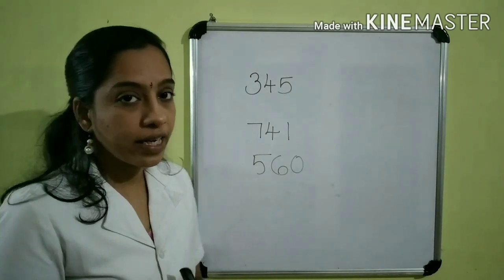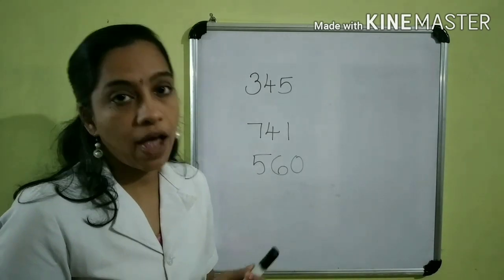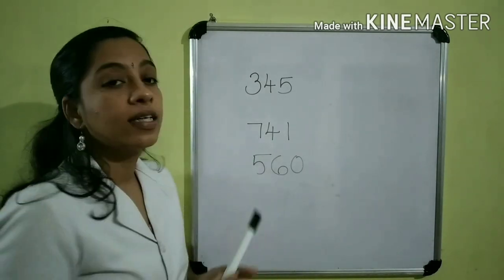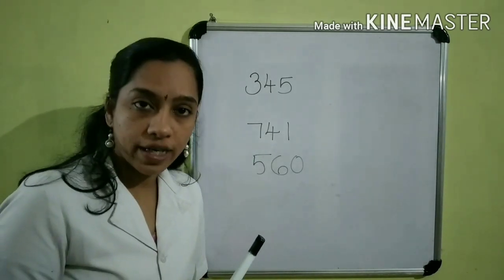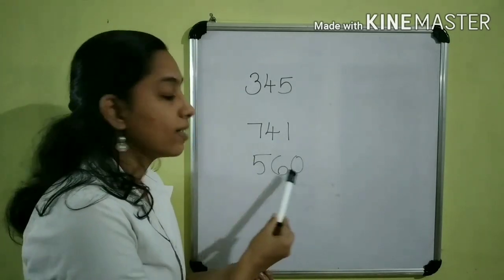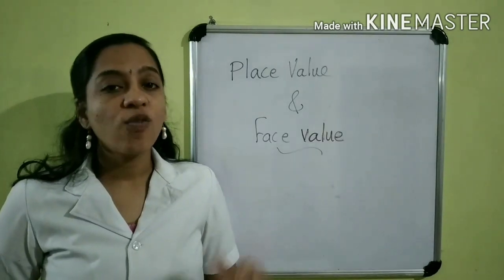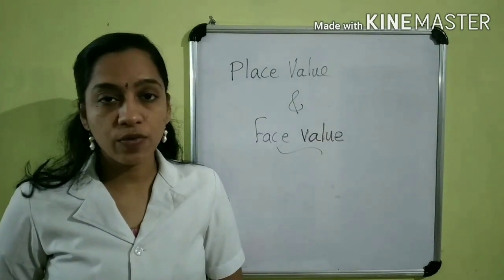So we can read this number as 345. The next number, 741. Yes, the last number, 560.